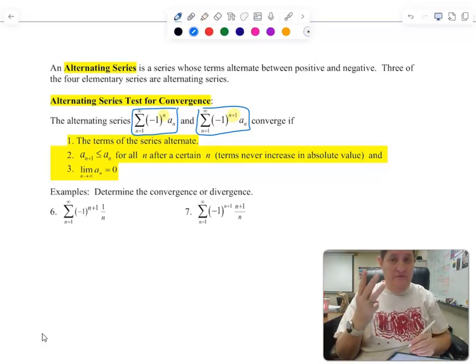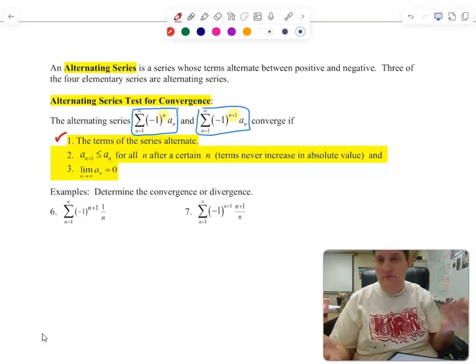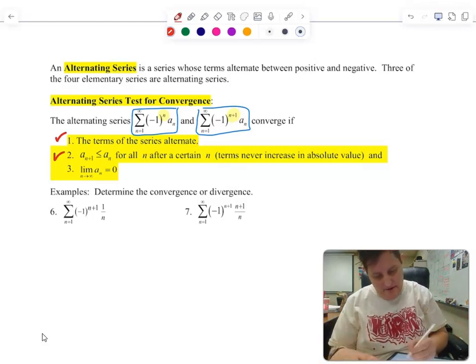Three conditions have to be met. Let's look at the three. Does it alternate? You have to check that. It's really easy to see if it alternates. It's going to have a negative 1 to the n or a negative 1 to the n plus 1. Do the terms never increase in absolute value?